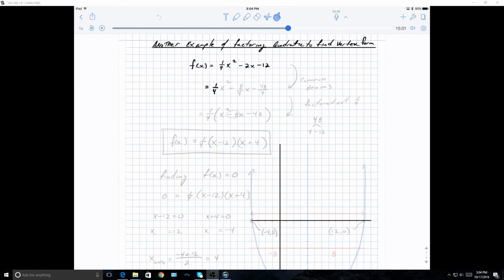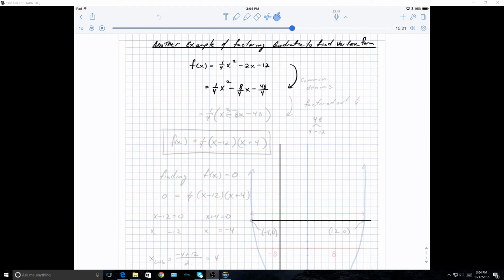So this will be 1/4 x squared minus, it looks like 8/4, right? Because 8 divided by 4 would be 2x. And then that looks like it'd be 48 over 4, because when we divide that by 4, we would get 12.